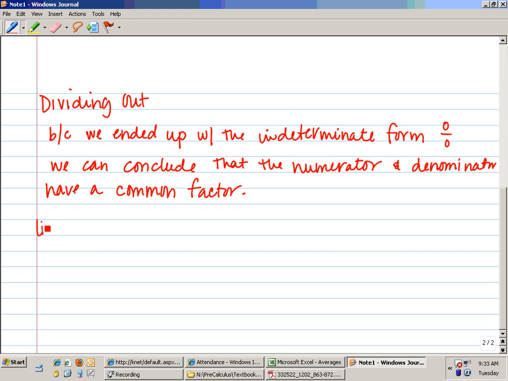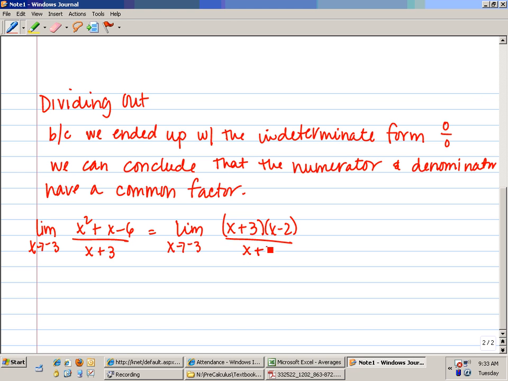Again, we start out with the limit as x approaches -3 of x squared plus x minus 6 over x plus 3. So I'm going to factor, and that gives me the limit as x approaches -3 of x plus 3 times x minus 2 over x plus 3.